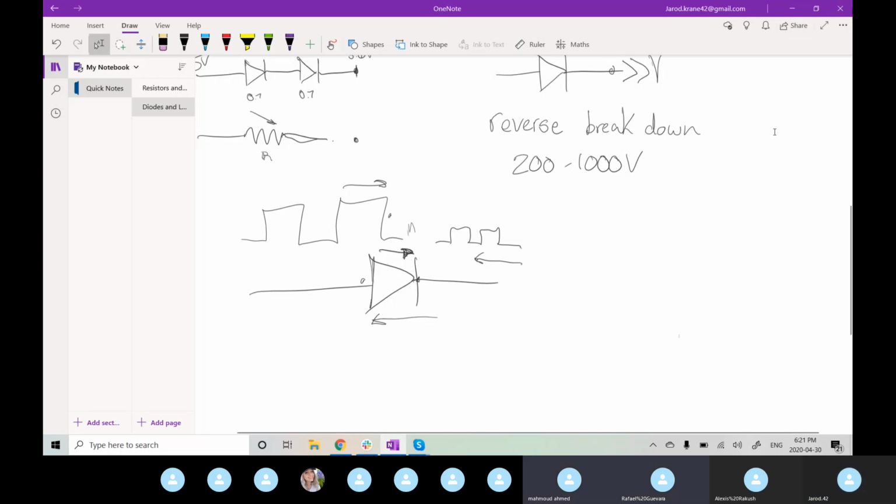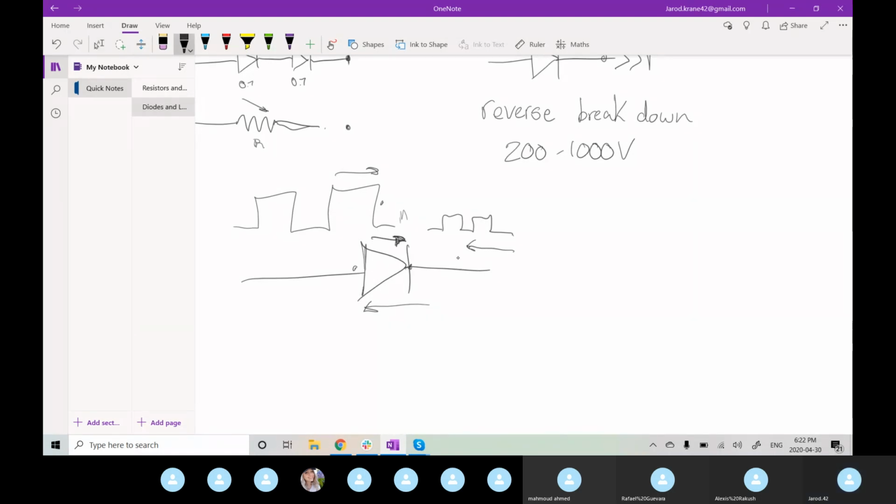Cool. So can you use a diode to reduce some noise coming back to wherever you're sending the signal from? Technically, yes. It is capable of filtering out any bounce back signals. But the reason you wouldn't want to use this is because you see a voltage drop across the diode.